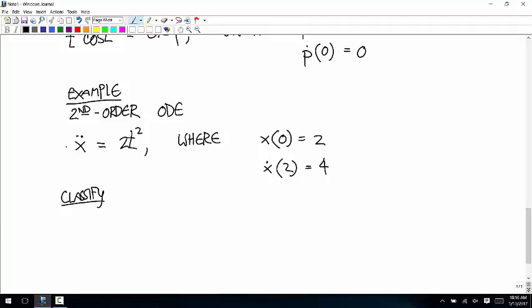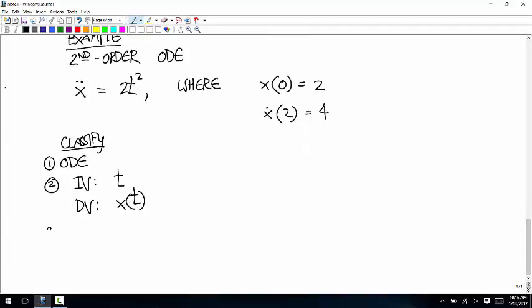So is this ordinary or partial? Yep, it's an ODE. So what's the independent variable? t. What is or are the dependent variables? Yep, we're trying to find the function x of t. What's the order?